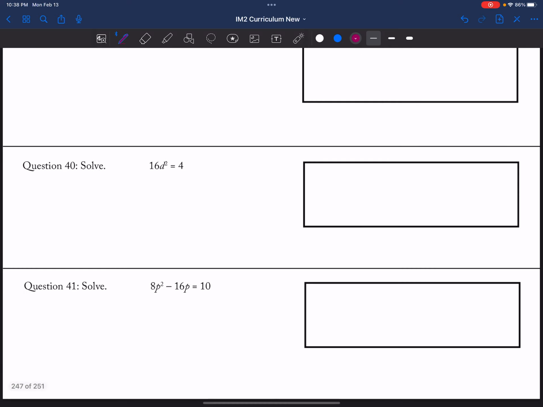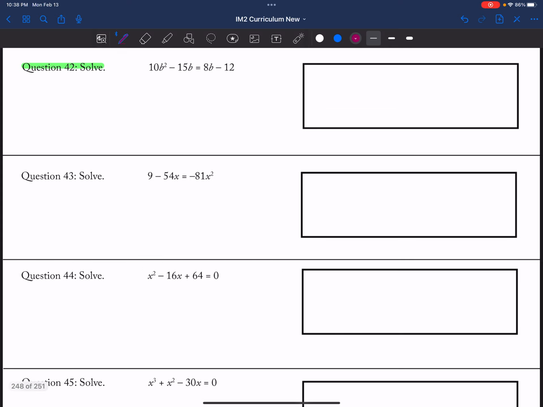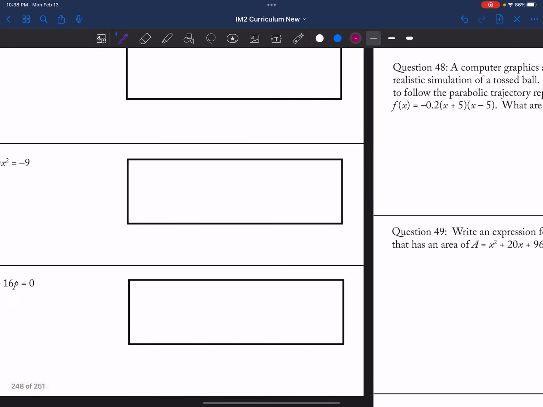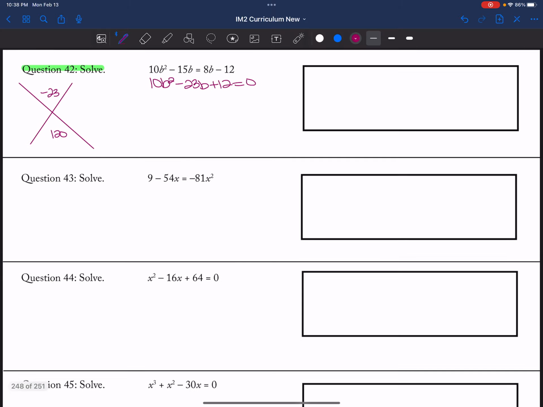Okay. And then 42, so 10b squared minus 23b plus 12 is equal to 0. So now I have negative 23 on the top and 120 on the bottom. Let's see, I'm trying to see how many more I have. Just one more. Okay.